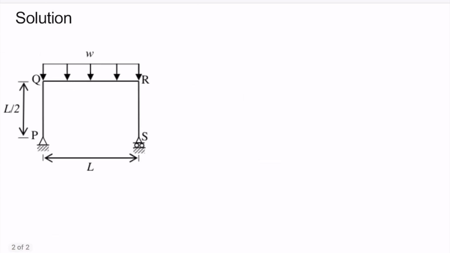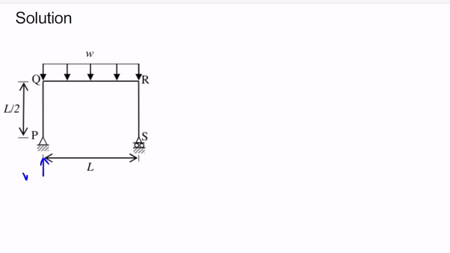So here is the portal frame which is given to us. Let us first find out the reactions. It is a determinate problem, so we can easily solve this problem by drawing the free body diagram. So first of all, let us find the reactions here. What are all the possible reactions?